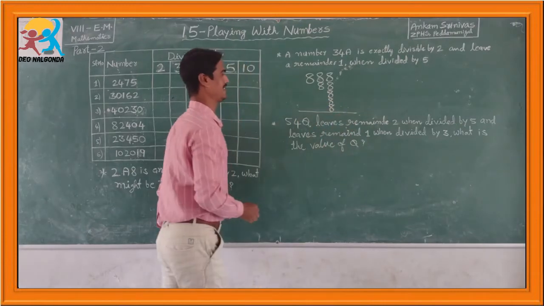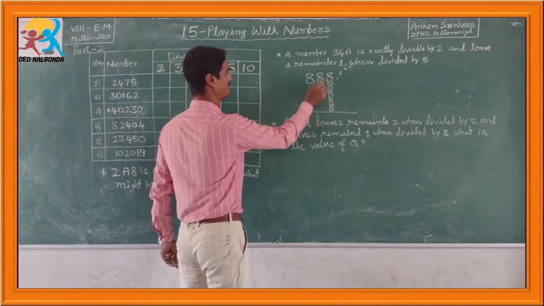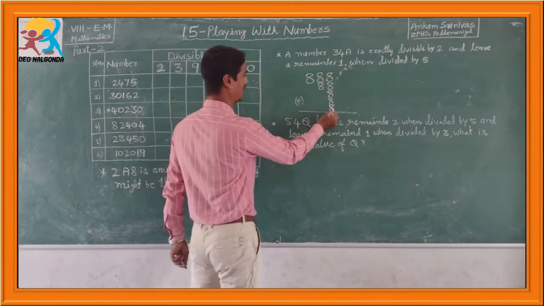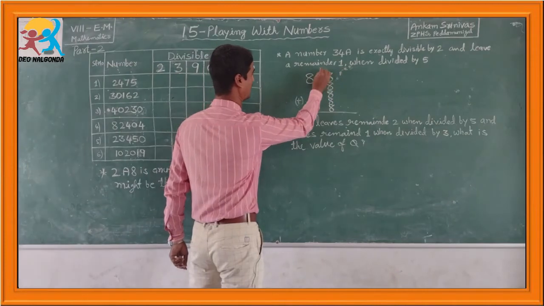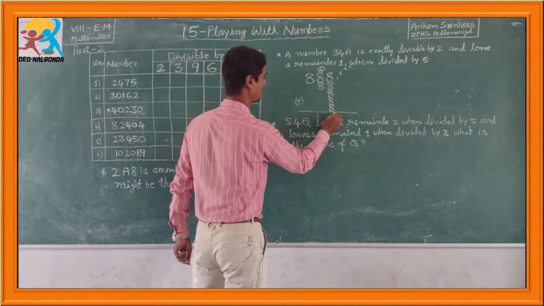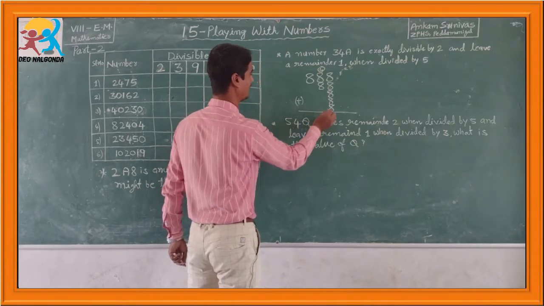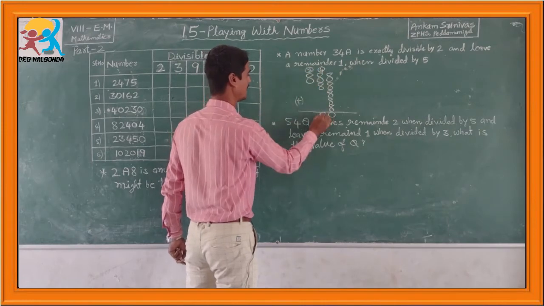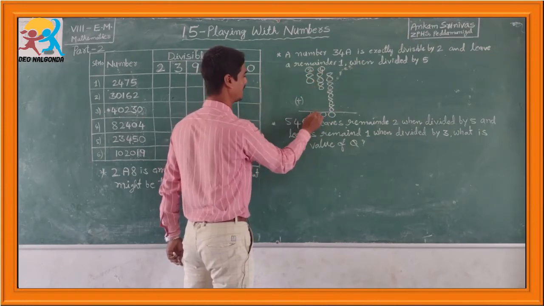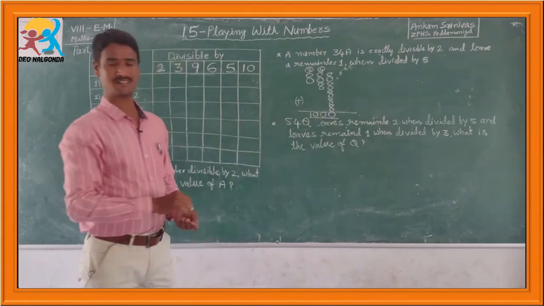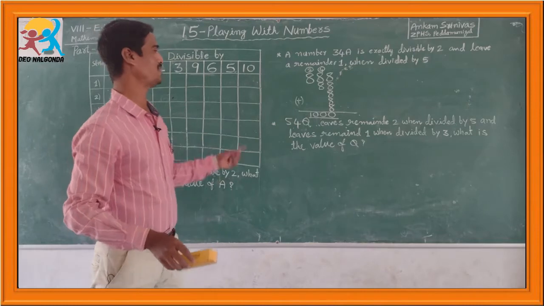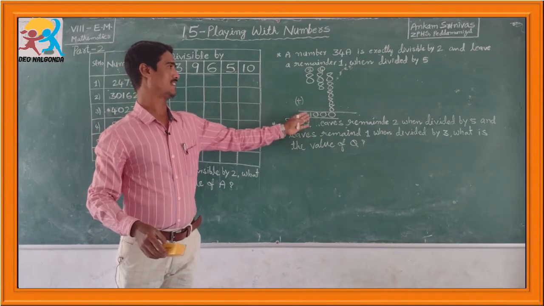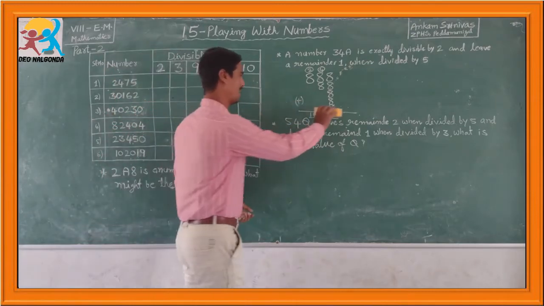So my dear children, by adding these, 8 plus 8 plus 8 plus 5 times 8 plus 40, 0. And here 4 plus 8 is 12, 12 plus 8 is 20, 2 plus 8 is 10. So 1000. Very easy. Using 8 eights by adding we should get 1000. In this way we have to get.